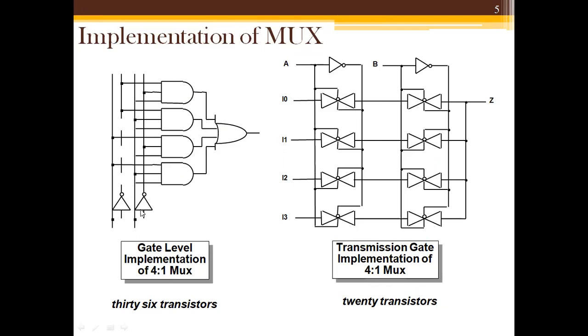Each inverter is going to require 2. So that is going to cost you 36 transistors. But if you use transmission gates, that would be much less area intensive with only 20 transistors.